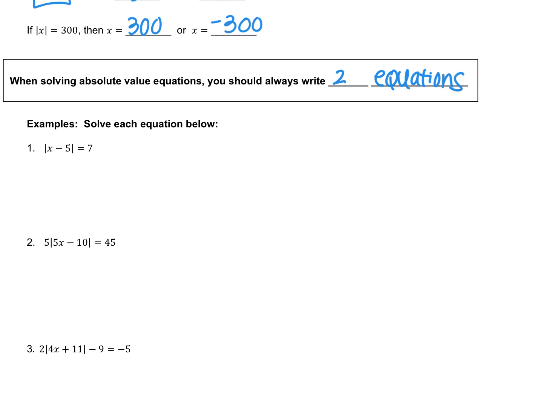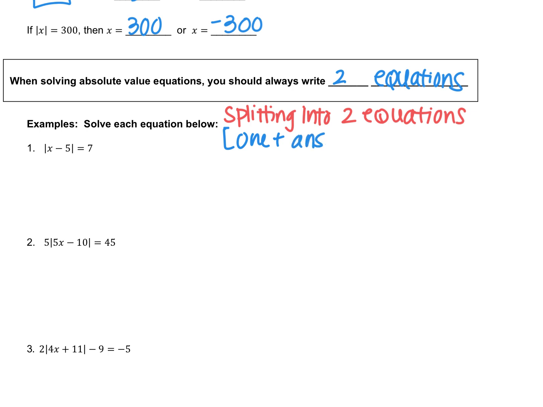When we're doing these examples like 1, 2, and 3, we are going to solve each equation by splitting into 2 equations: one positive answer, one negative answer, because that undoes the absolute value.